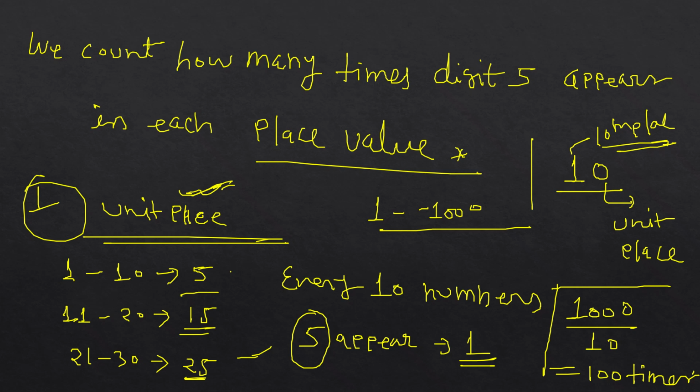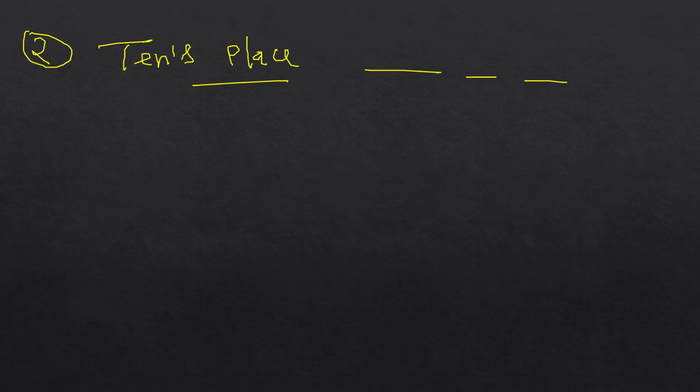Now we'll see the second case. Now second, tens place. Means we will see only 5 at this place, if there is a 3-digit number or if 2-digit, we will check only here.